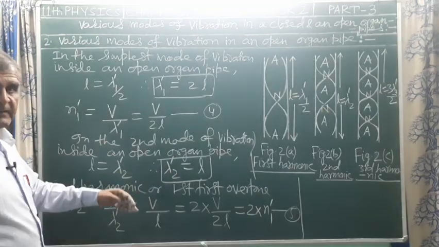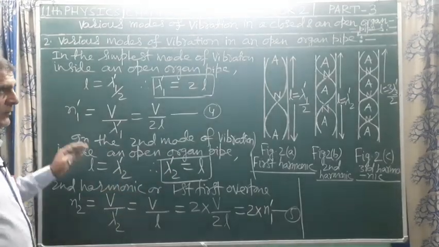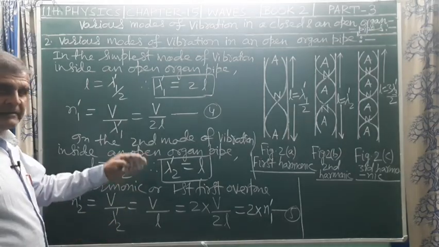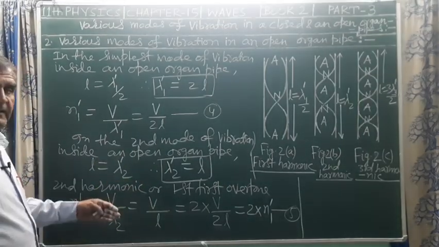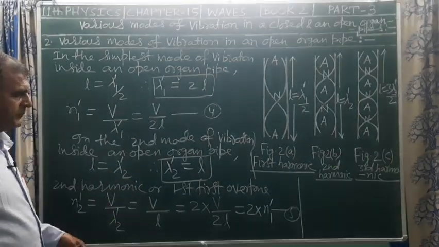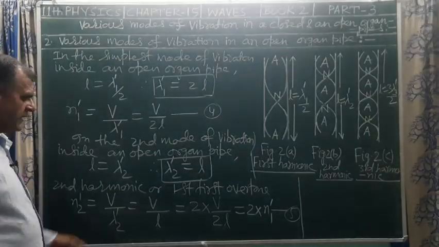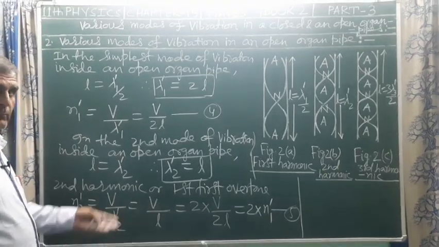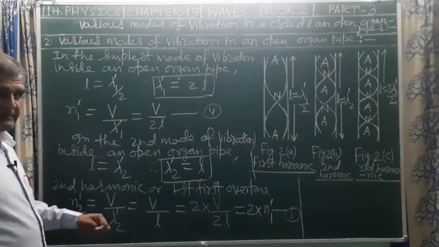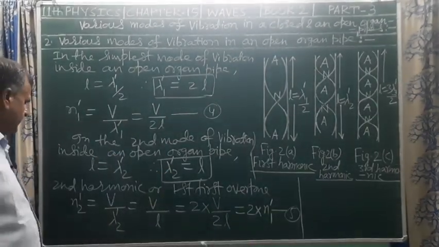That is, the second harmonic in an open organ pipe is 2 times the fundamental frequency, or 2 times the first harmonic.